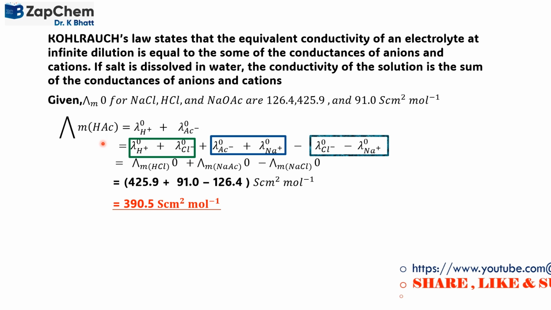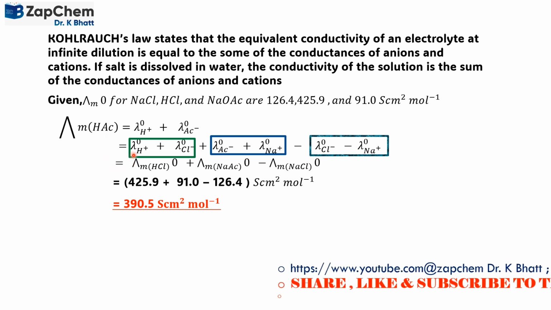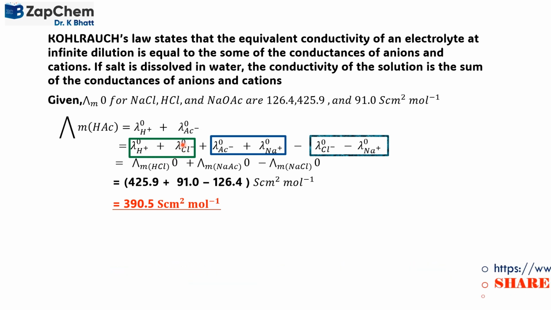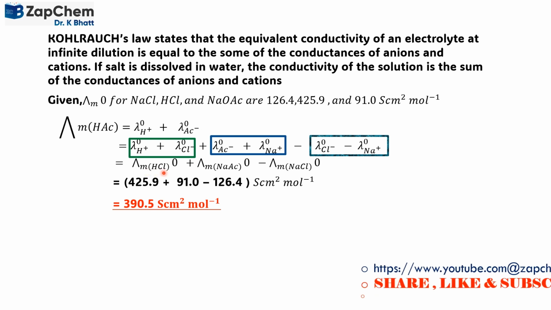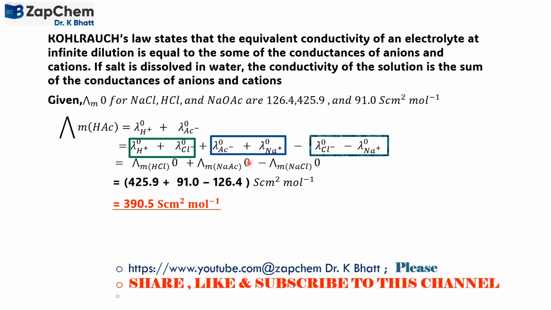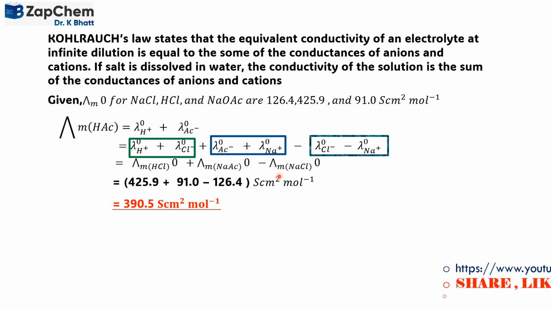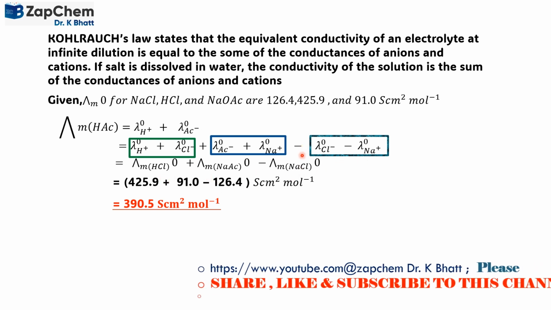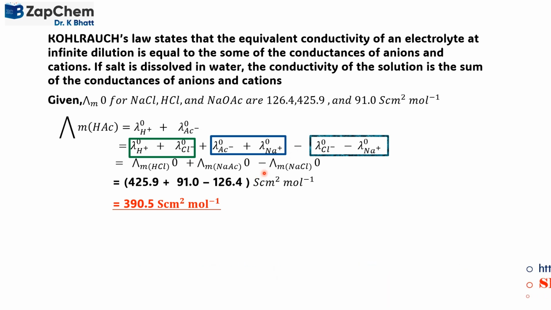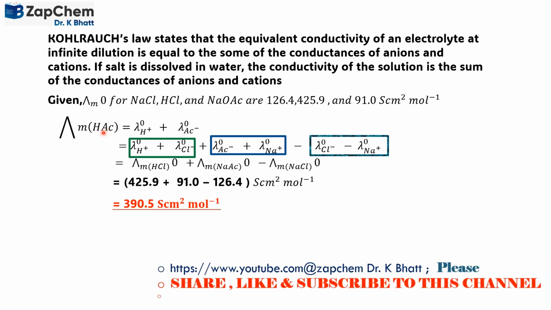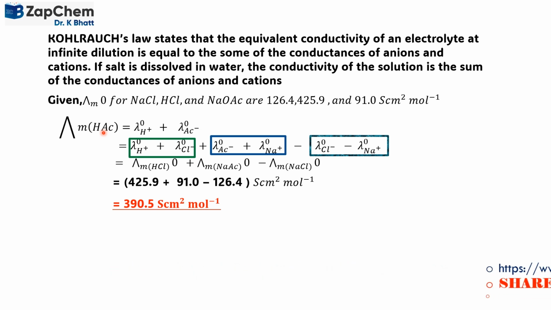Now, we know that HCl ionizes to H plus and Cl minus at infinite dilution, that is molar conductivity at zero concentration for HCl, molar conductivity at zero concentration for sodium acetate, and similarly for sodium chloride. So this algebraic calculation, where particular ions are subtracted and a certain number of ions are added, gives you the desired expression.